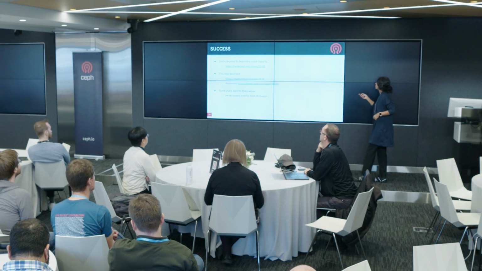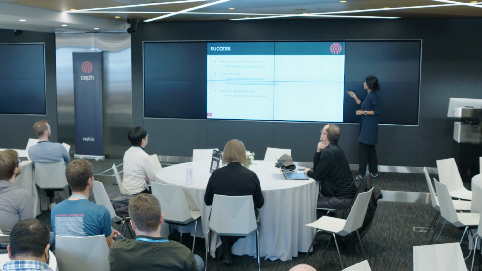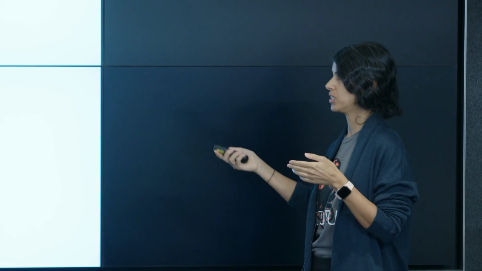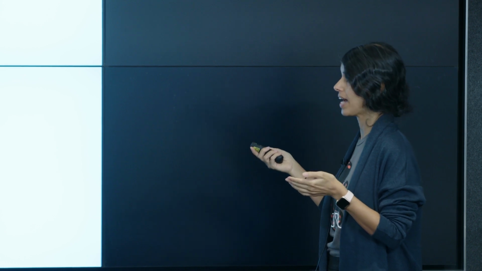And here's an example of a bug that was fixed. The latest version that was specified in Tracker was, I think, 16.2.0, if I remember correctly. But then we saw some new crash events from 16.2.5 and 16.2.9.